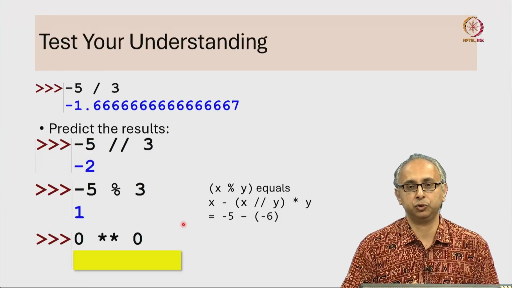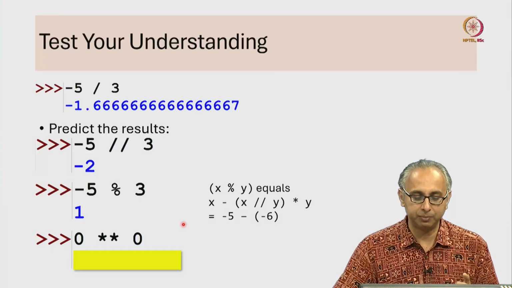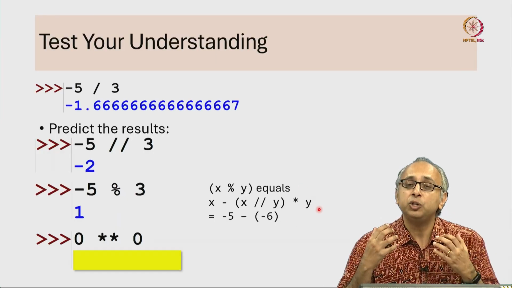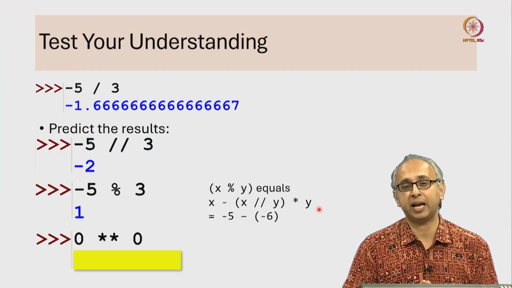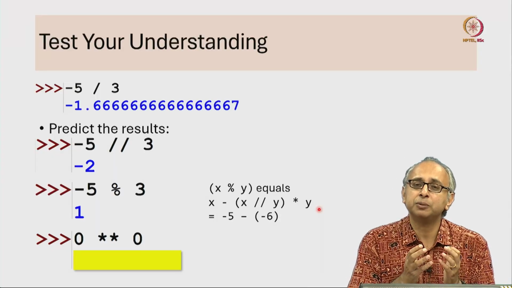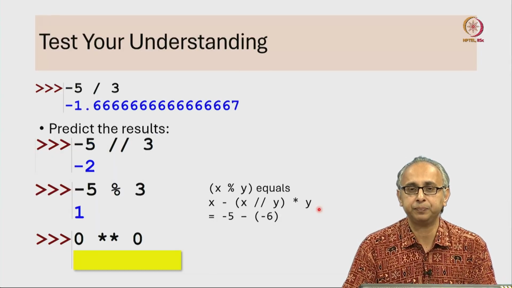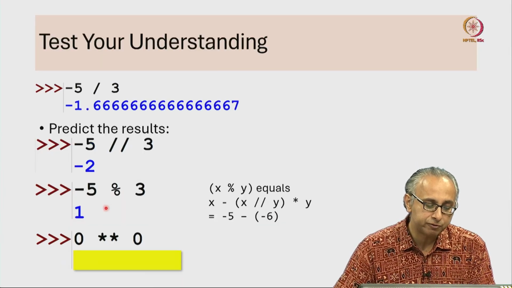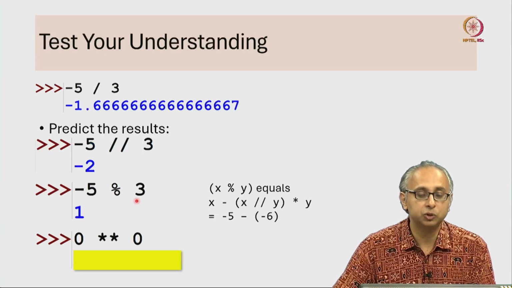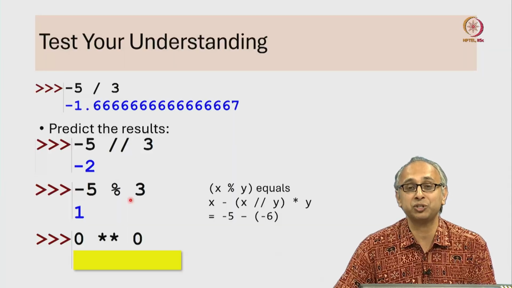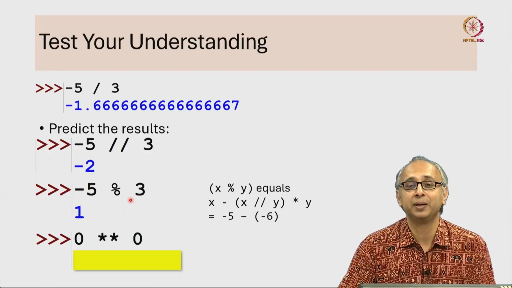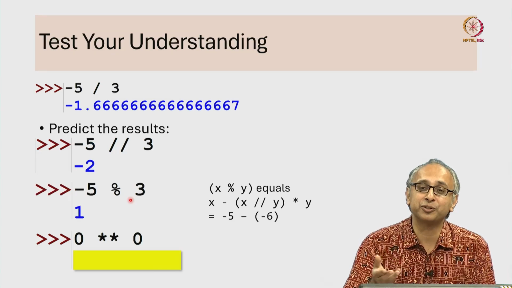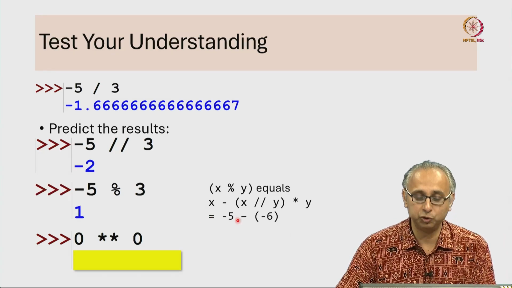I'm mentioning this to you not because I want you to be able to work out these types of calculations in your head. We shouldn't be working out these types of calculations in our head. That's what computers are good at. I'm mentioning this example to you because if you ever find yourself writing expressions like this in your code, please remember that it is very, very difficult for someone to work out what you mean.